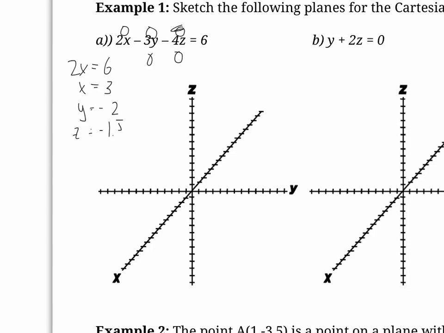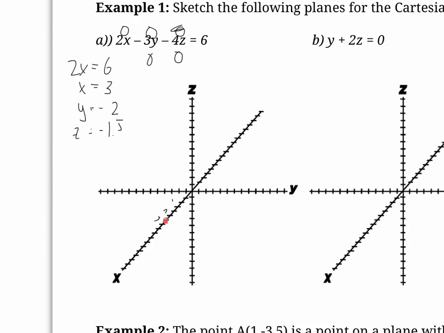Just to make it a little bit more visible, I'm going to treat every 2 lines on this graph as 1 unit. So in the x direction, I'm going to come out 1, 2, and 3. So I'm going to come all the way out to here for my x-intercept.